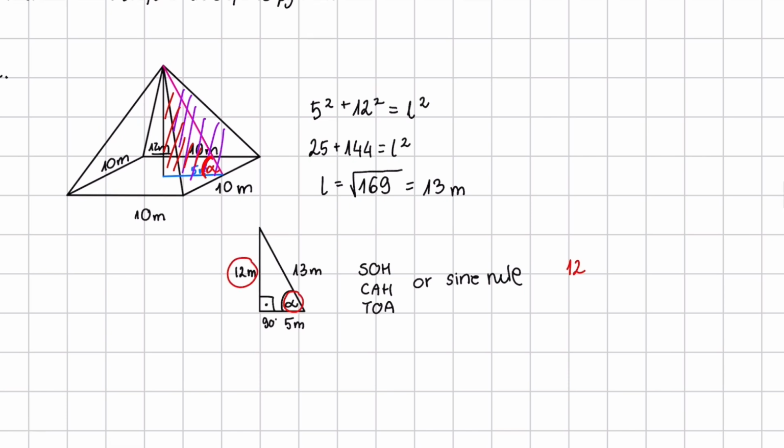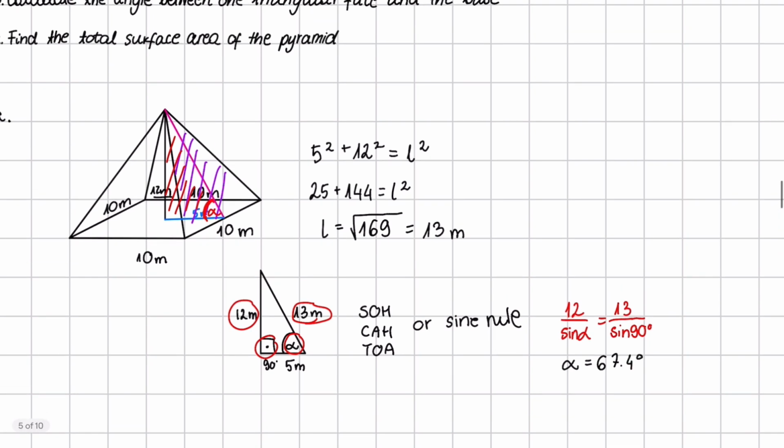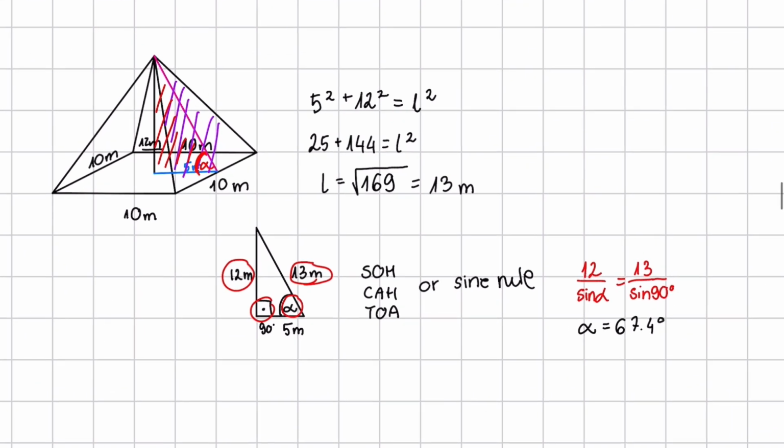So 12 over sine alpha equals, and something that we have, 13 over sine 90 degrees. So our angle is 67.4 degrees.